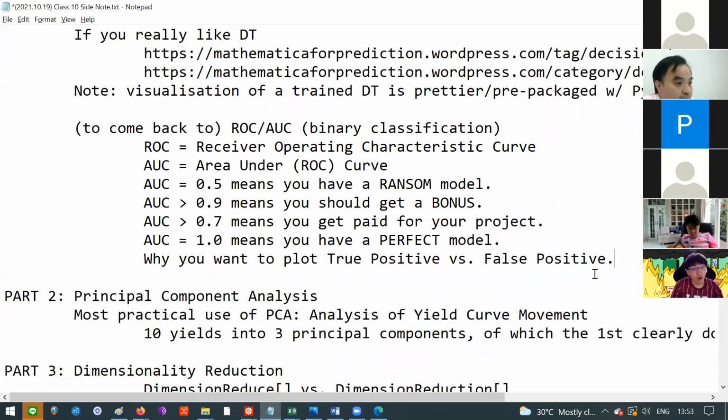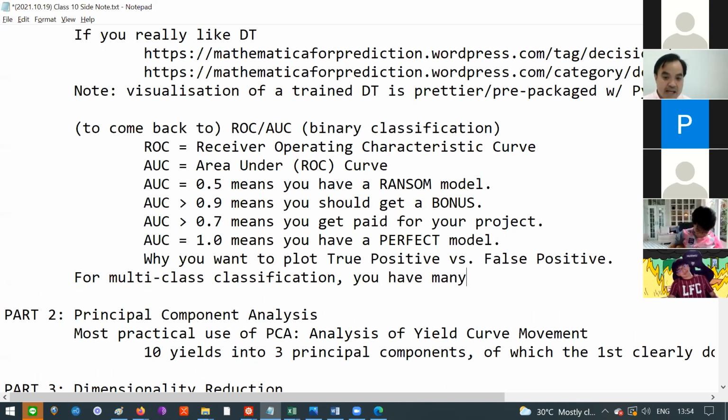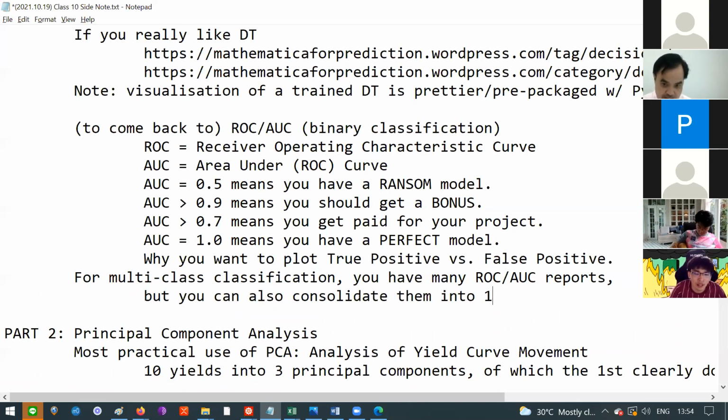If your project is some kind of classification, let me write a note for multi-class classification. You have many ROC and AUC curves, but you can also consolidate them.